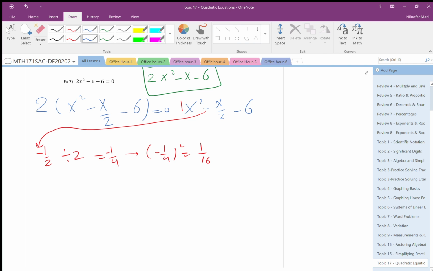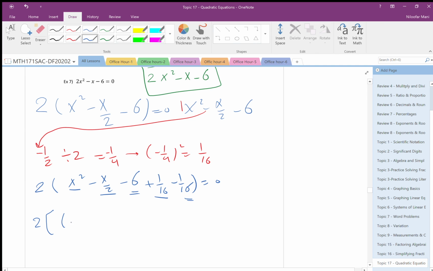So you have 2 multiplied by x squared minus x over 2 minus 6 plus 1 over 16 minus 1 over 16 equals 0. This together, this together. So it's 2 multiplied by parenthesis x minus 1 over 4. How do I know?